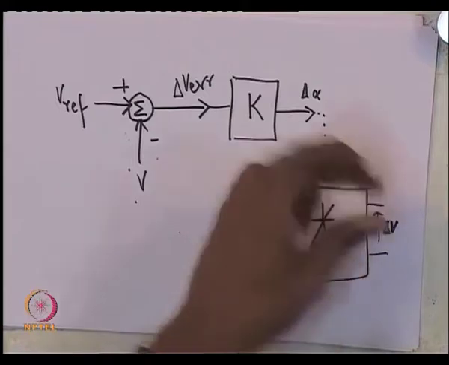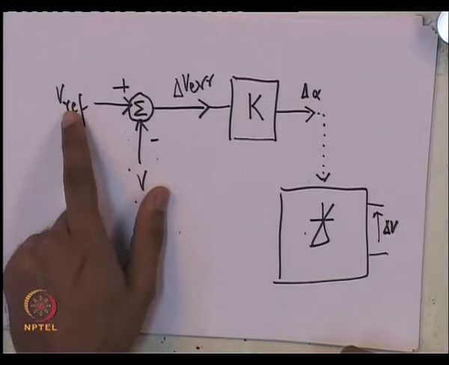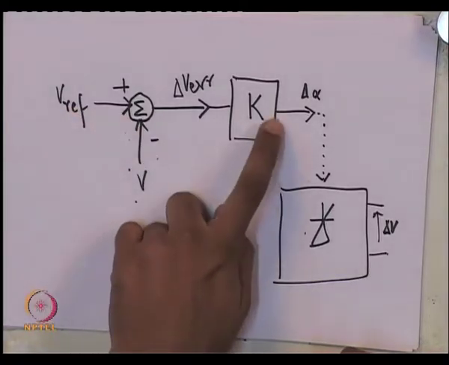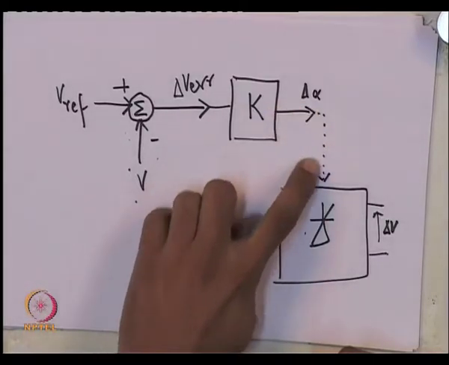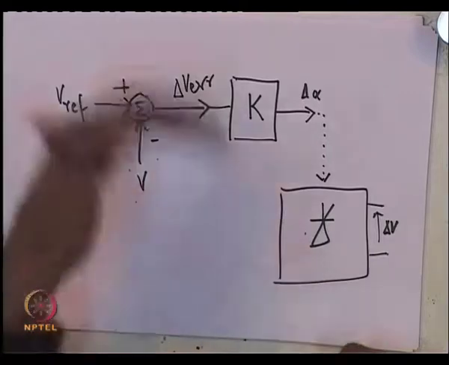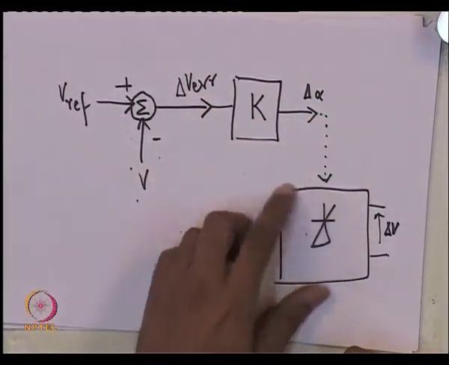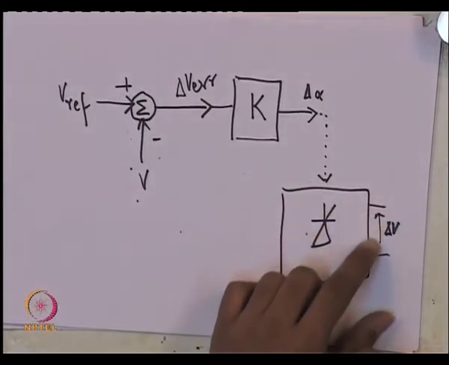Of course, if the voltage is low, if V is less than V ref, this error will be present, and you should design your control system so that it drives the power apparatus to correct this situation. So, it changes the signal given to the control rectifier so that the voltage increases.